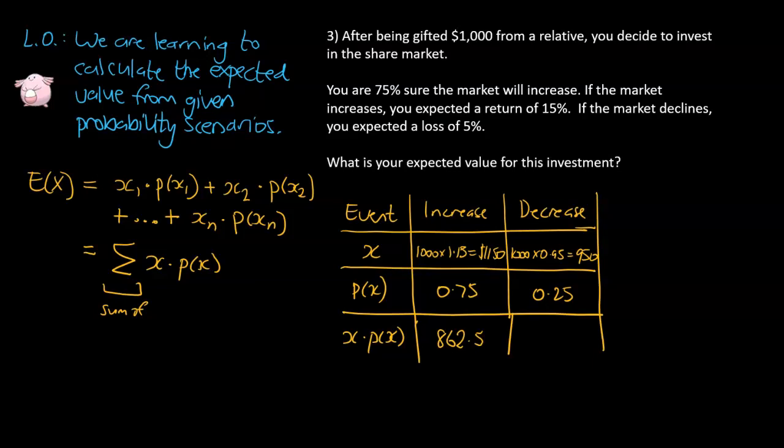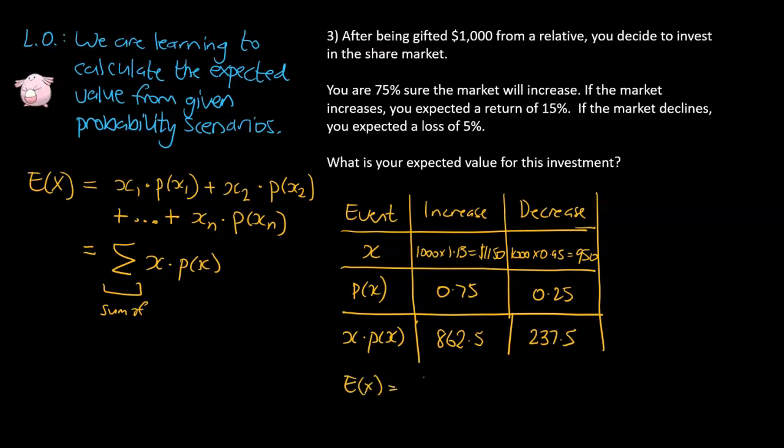We then need to do the same with the other column, so that's $950 multiplied by 0.25, and that's going to get me to $237.50.